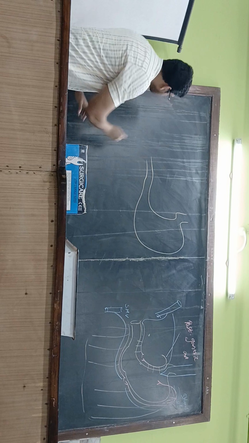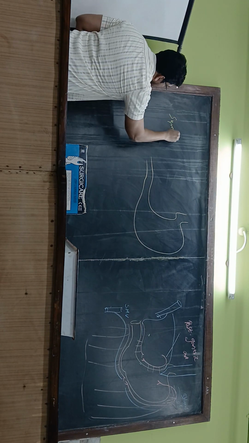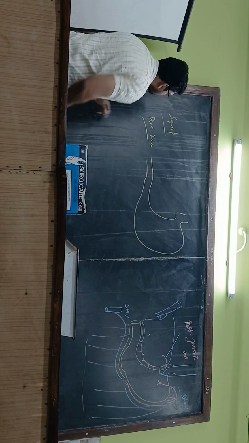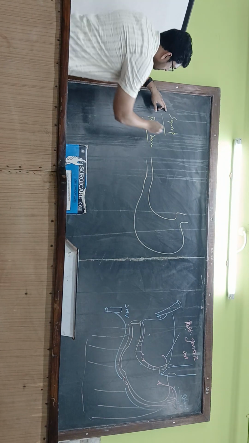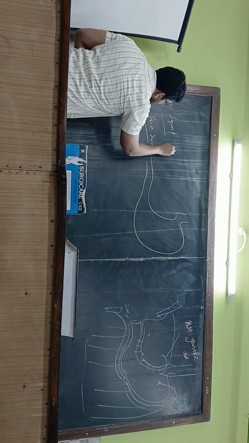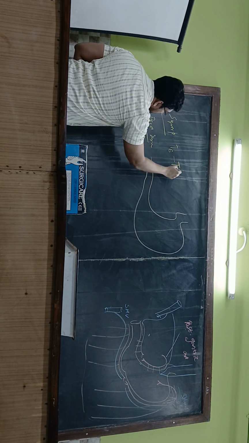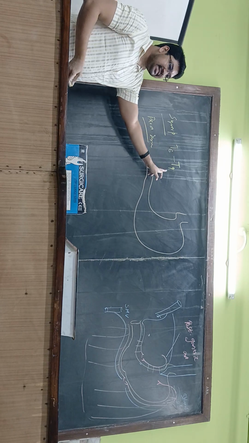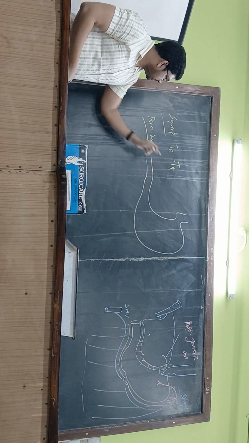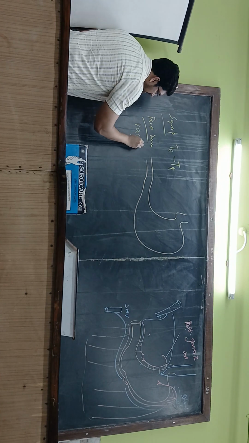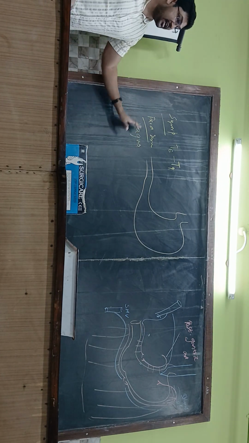The stomach is supplied by sympathetic and parasympathetic. Sympathetic by means of T6 to T9 or T10, it varies. T6 to T9 segments of the spinal cord. And then parasympathetic by means of the vagus nerve, which is nothing but the left and right vagus nerves.